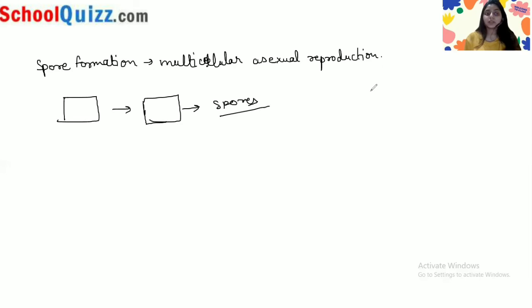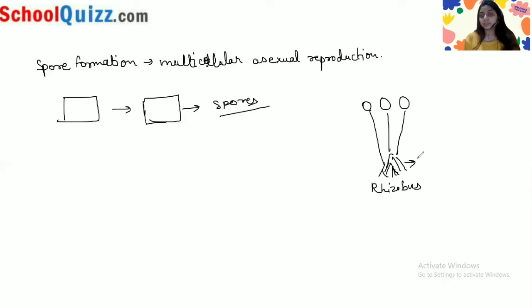There is a plant which is called Rhizopus, and it looks like this. This is called the hypha. This is the stem, and this bulb-like structure is called the sporangium.